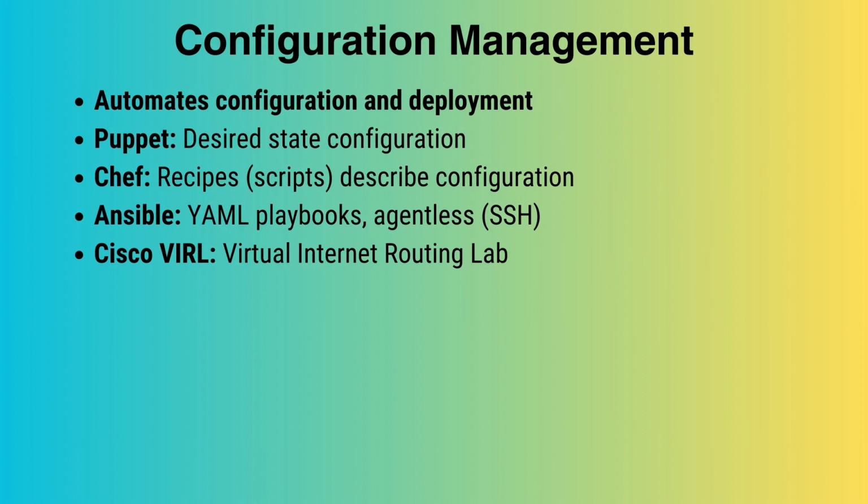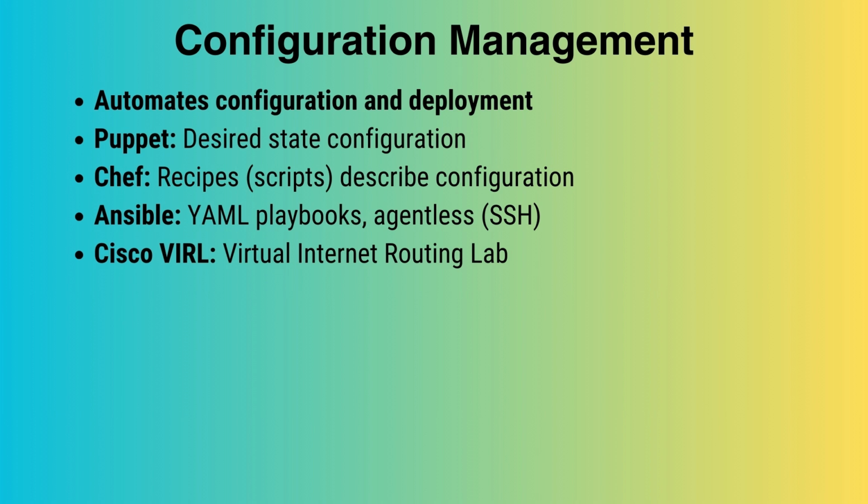Configuration management automates the deployment and maintenance of network configurations. Tools like Puppet, desired state configuration, Chef, recipes describing configurations, and Ansible, YAML playbooks, agentless via SSH, are widely used. Cisco VIRL, Virtual Internet Routing Lab, allows virtual network simulations for testing and training.